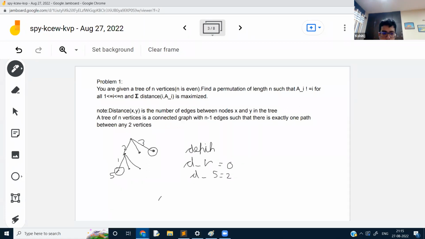Now distance between two nodes will be equal to dx plus dy minus 2d of the lowest common ancestor, which I will define now.